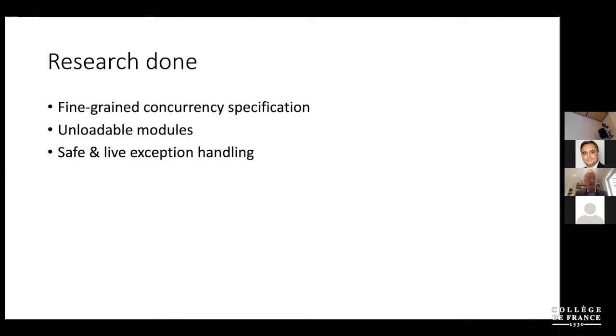We looked at how to verify programs that have exception handling, so Java programs, whether they still maintain their safety invariants, and also whether they still have the liveness properties that you want. And I think we found that most Java programs probably do not maintain their safety properties or their liveness properties when they do any kind of exception handling, or even if they use multi-threading at all, because of the way Java's exception handling works.